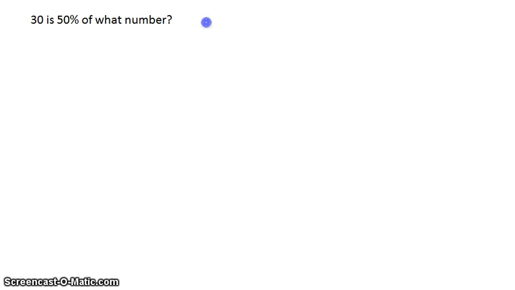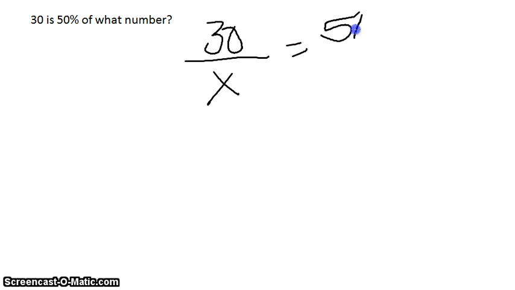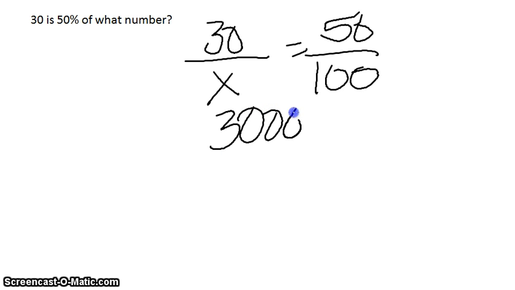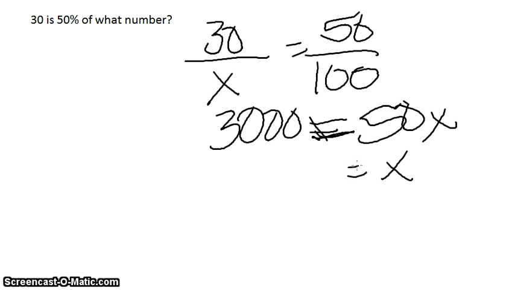So this time I'm going to say the part over the whole equals 50 over 100. And then I can cross multiply, I'll get 3,000 equals 50x. So x equals 60. And that would be how we do that problem. Before we were finding the part, now we're finding the whole.